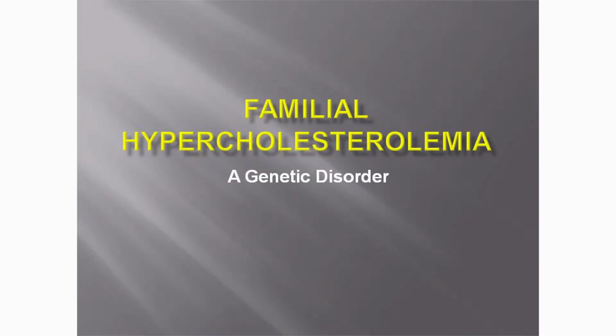We should look at FH, or familial hypercholesterolemia, as a genetic disorder. The reason we need to do that is when we start viewing this as a genetic disorder, it falls in a different place in our understanding in medicine, and we treat it differently, and we evaluate the patient and the patient's family differently.